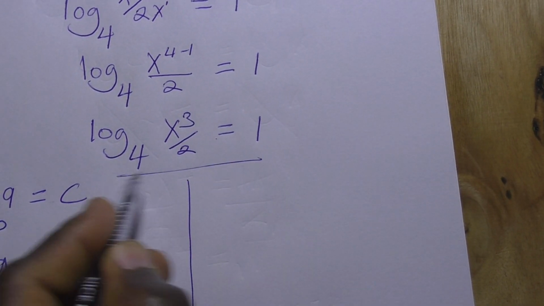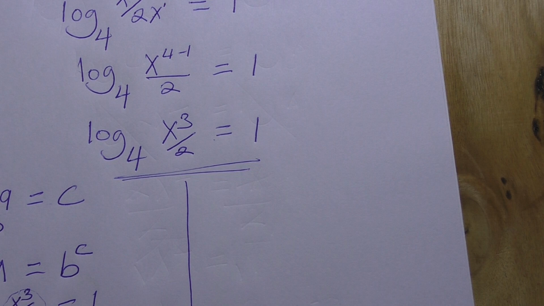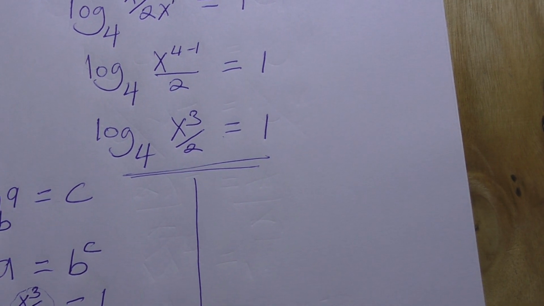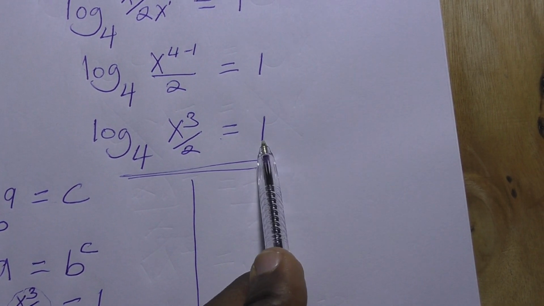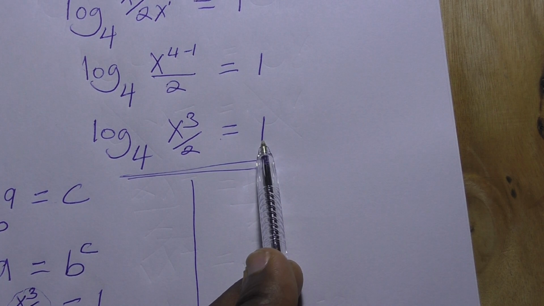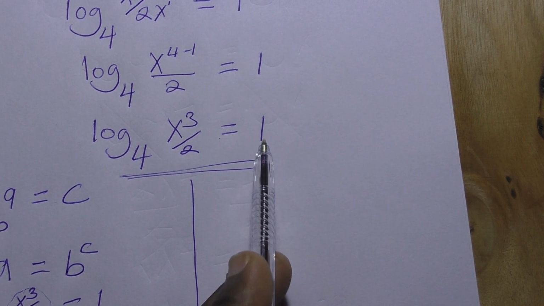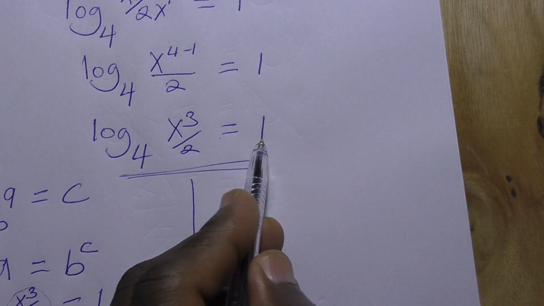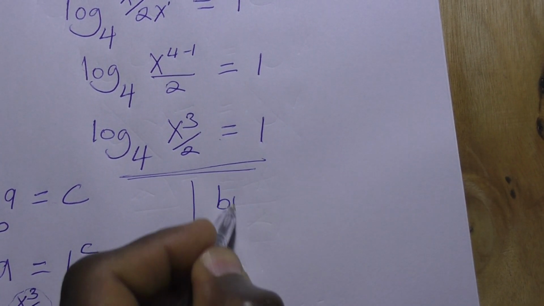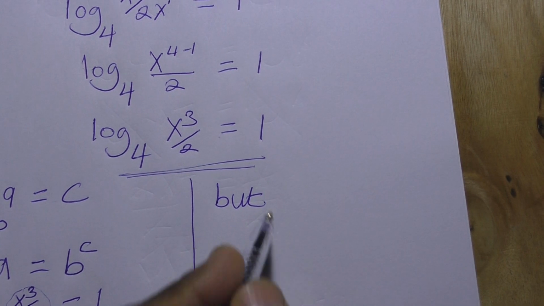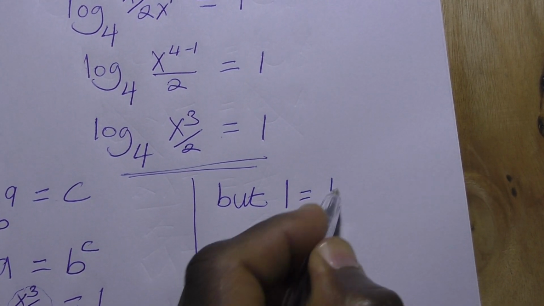We come back to this stage. The other law could be, we also introduce log on this side, whereby 1 is the same as log 4 base 4.